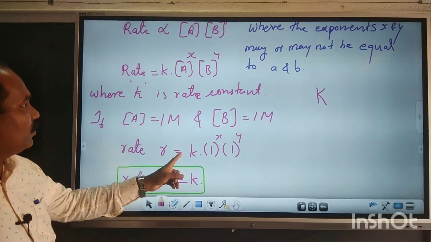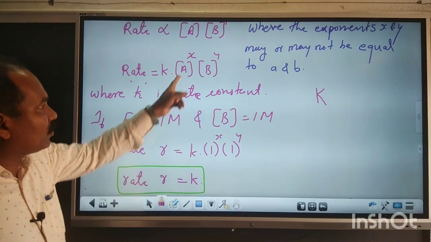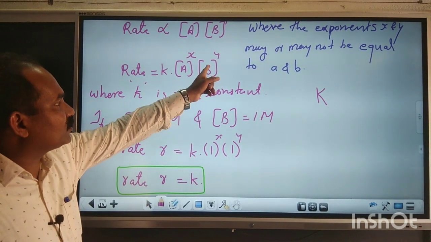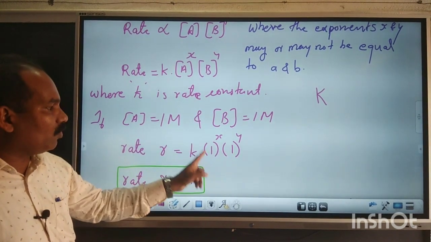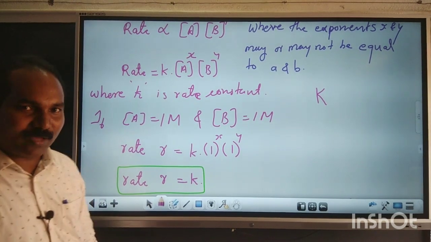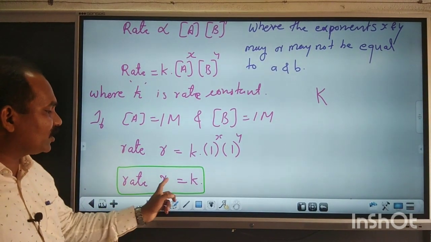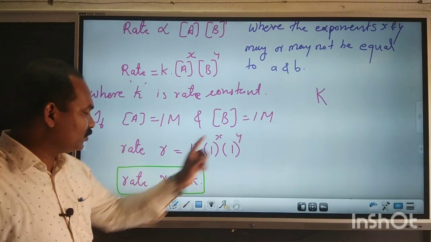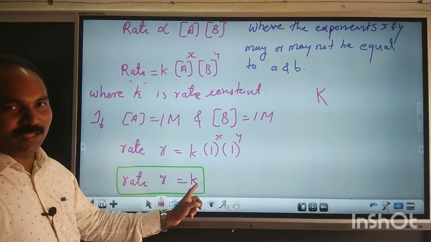Rate R is equal to k into, what is the concentration of A? 1 molar. What is the concentration of B? 1 molar. So 1 raised to x, 1 raised to y. What is the final answer? Rate R is equal to k, since this term becomes 1.